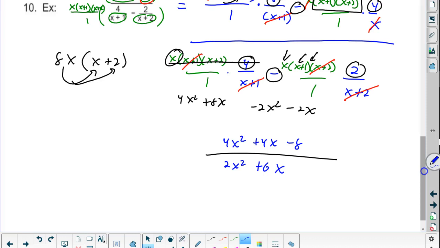And I already see that there's going to be a common 2, definitely. So this thing even reduces. What a great example. So I take a 4 out, I get x squared plus x minus 2. That will factor, but I'm not even going to factor it yet. The bottom, I can get a 2 out, 2 times x squared plus 3x.